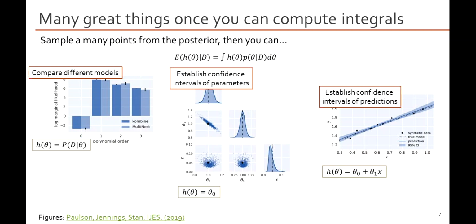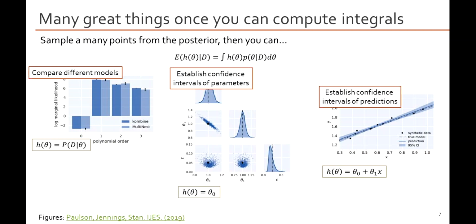If I use different models with different sets of parameters, I can compute the expectation value of my probability of having observed my experiments given all of the parameters, and that gives me a way of comparing models. I can see here polynomial order 1 has the greatest marginal likelihood, which means it's probably my best choice.